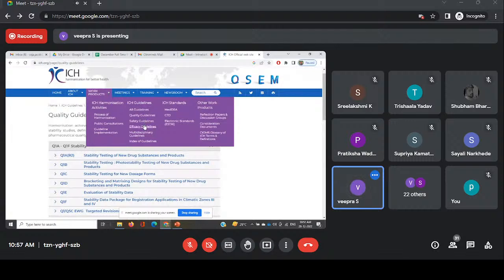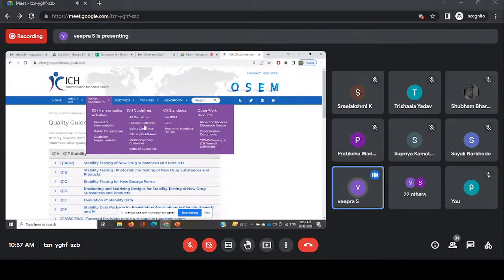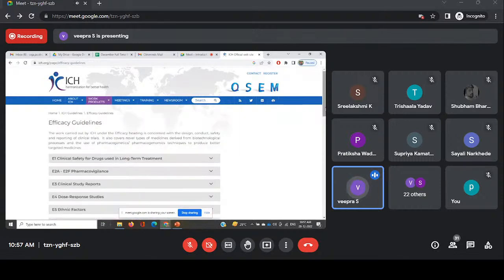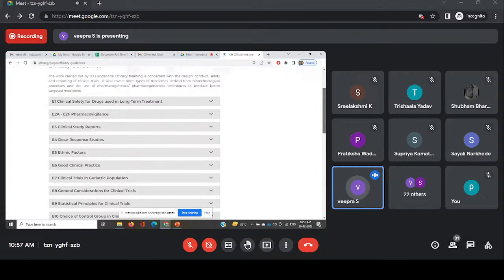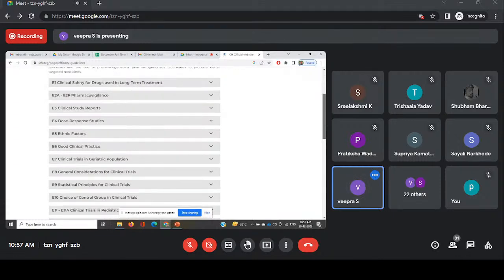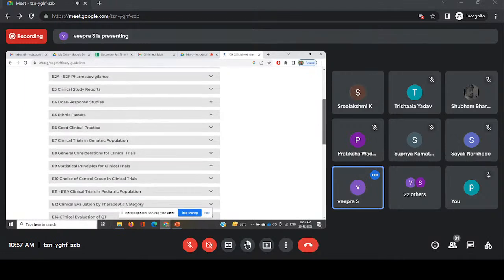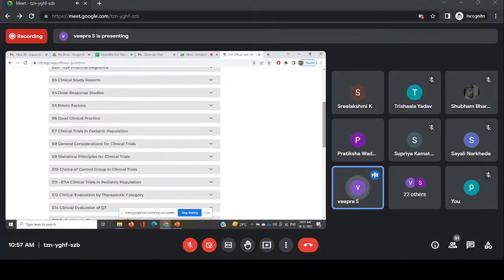Then we require another guideline. What is that? The efficacy guideline, which we are going to discuss in our next section.